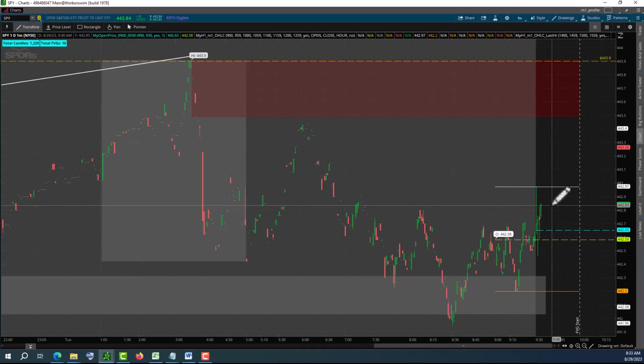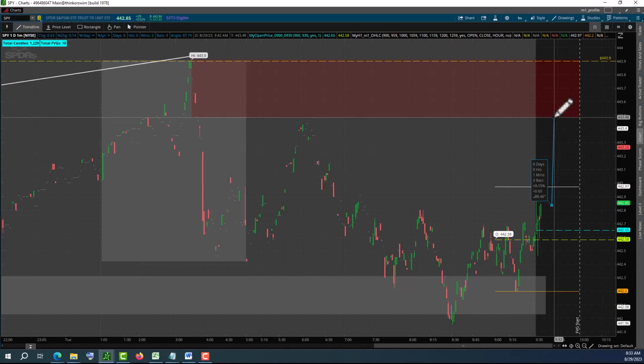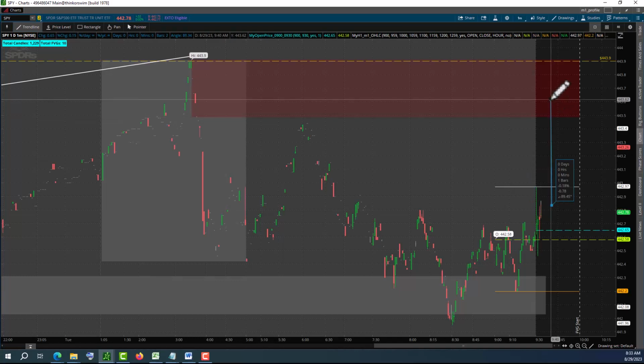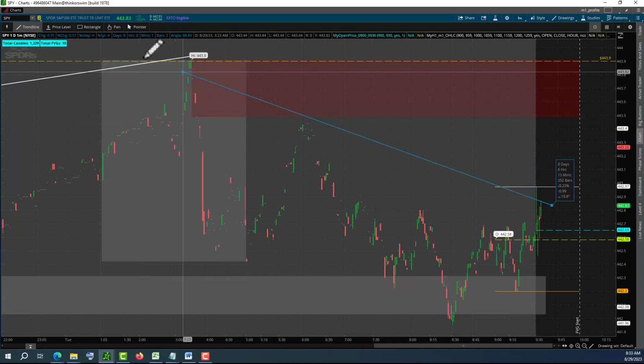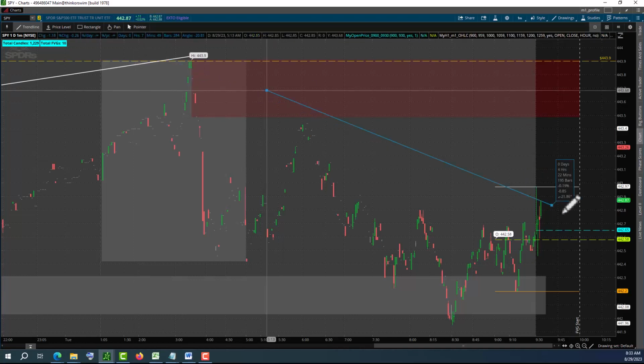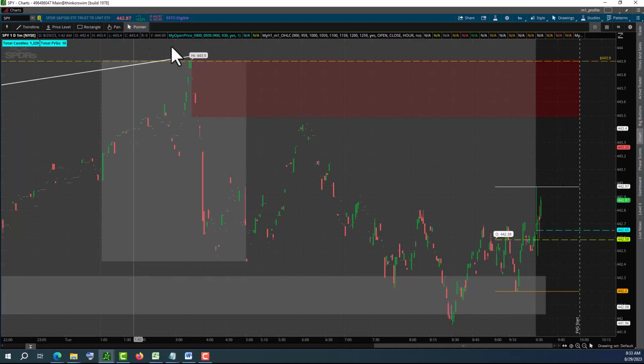Let's say we go here and we anticipate about 65 cents. That's not what we want; we want more than 165. We're looking for a $1 move.